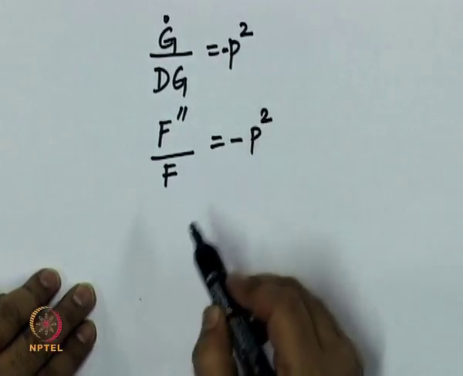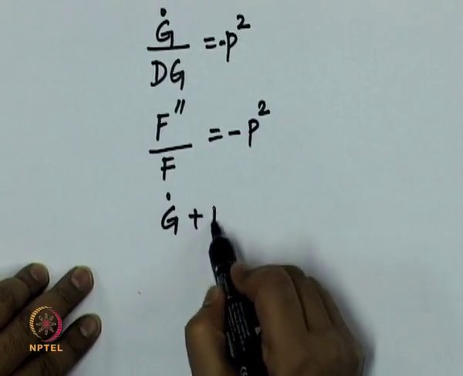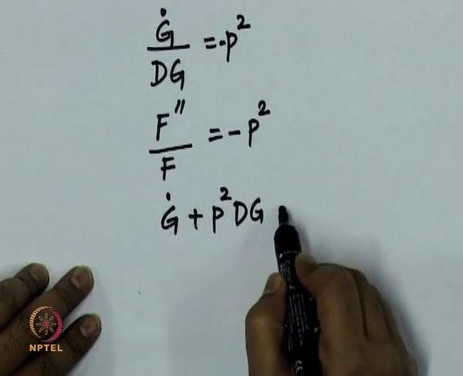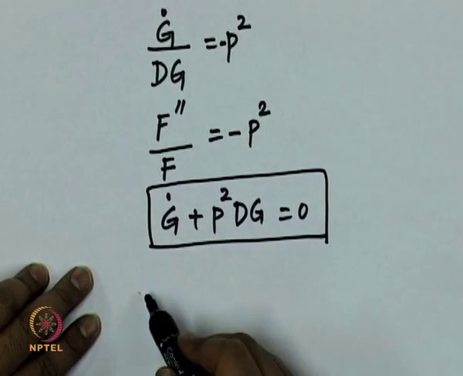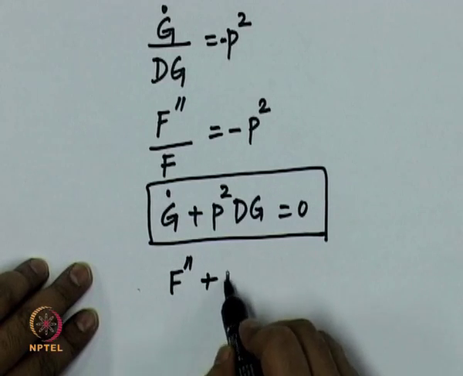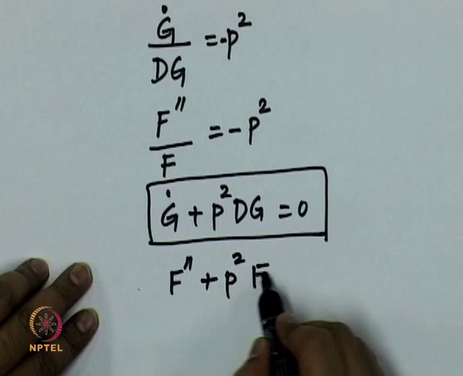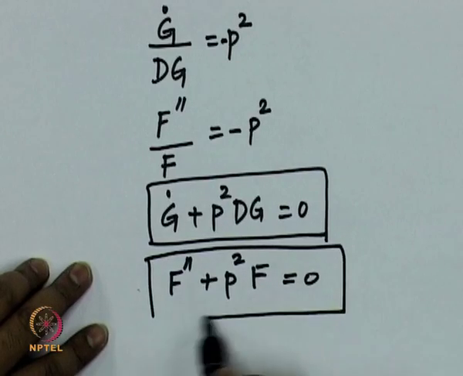So, let us write: g dot plus p squared Dg equal to 0. This is one ODE that we want to solve, and f double prime plus p squared f is equal to 0. This is the second ODE.